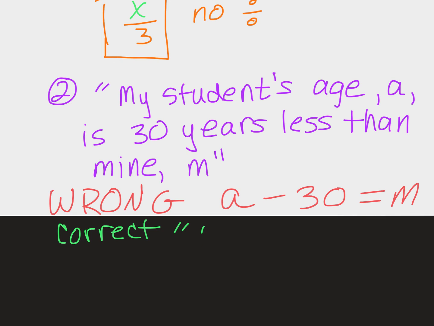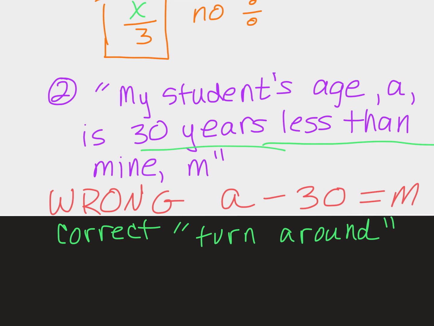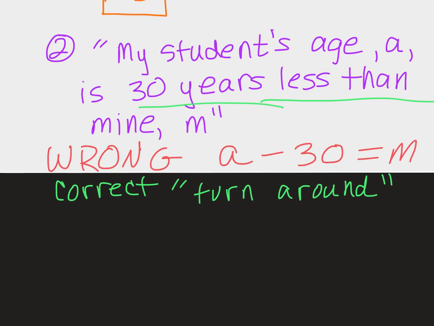This is what we call a turnaround phrase. Whenever you see the words less than, yes, you're going to subtract 30, but think about it, does this make sense? If this is my student's age, how old are you guys? 15-ish.